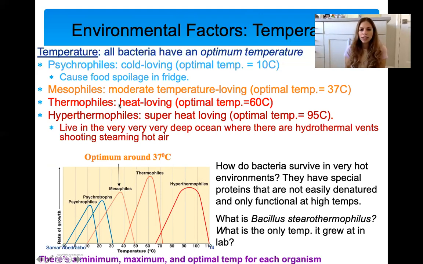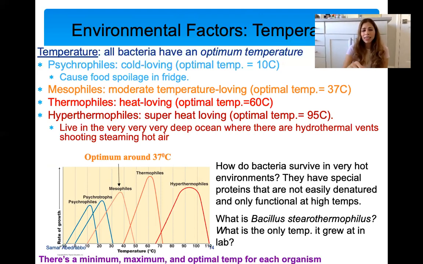And so for the bacteria that are hyperthermophiles, I'm just going to talk about this. You may ask yourself, because we learned about it in a previous lecture, that protein is very important for cells to function, and proteins are denatured at high temperatures. That's why fevers are bad. So how do bacteria that are hyperthermophiles survive in hot environments?